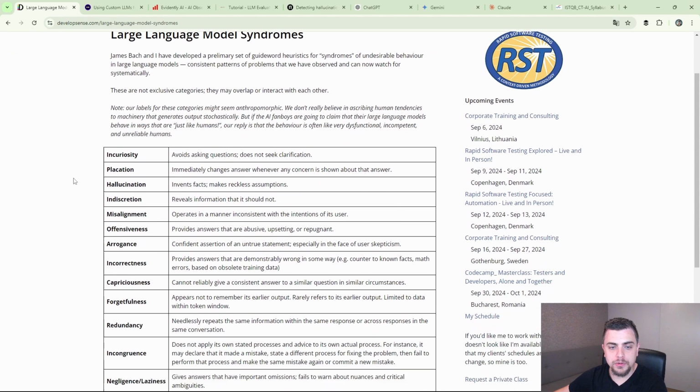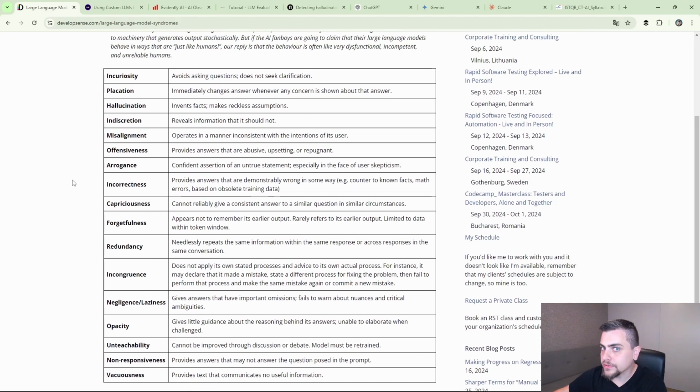They made a pretty comprehensive list, and it is really connected to today's topic: these syndromes of large language models may prevent the judge large language model from acting like an oracle during the LLM evaluation.